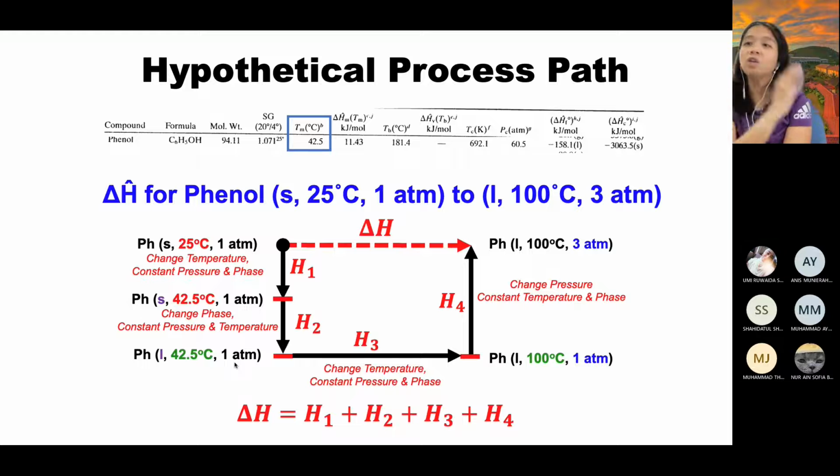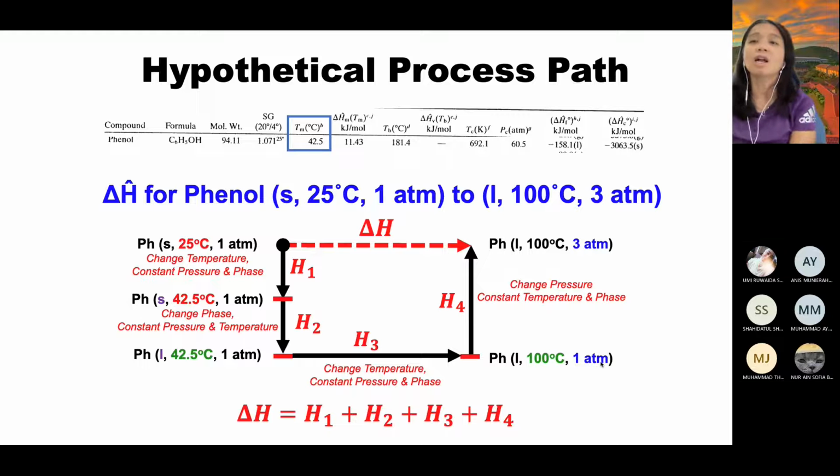So what do? You increase further the temperature to become 100 Celsius, 1 atm. Sekarang sekali lagi saya tukar, saya naikkan lagi suhu untuk mencapai my final temperature which is 100 Celsius. So this will be H3. So kalau nampak H3 hanya suhu yang berubah, phase tak berubah, tekanan tak berubah.